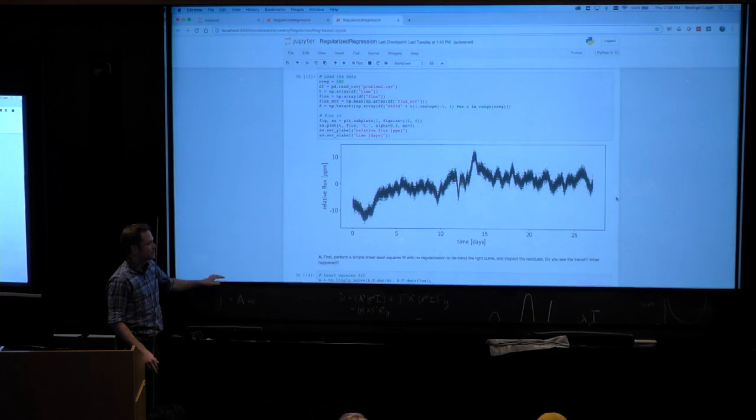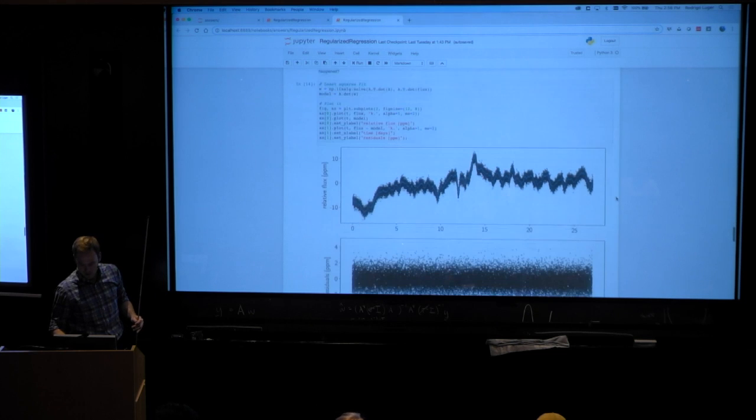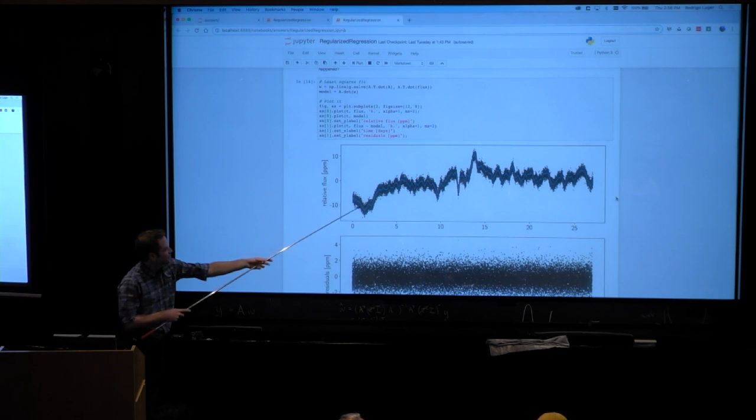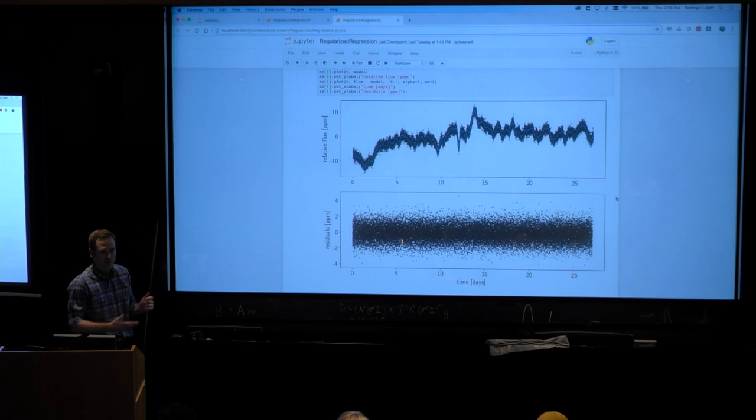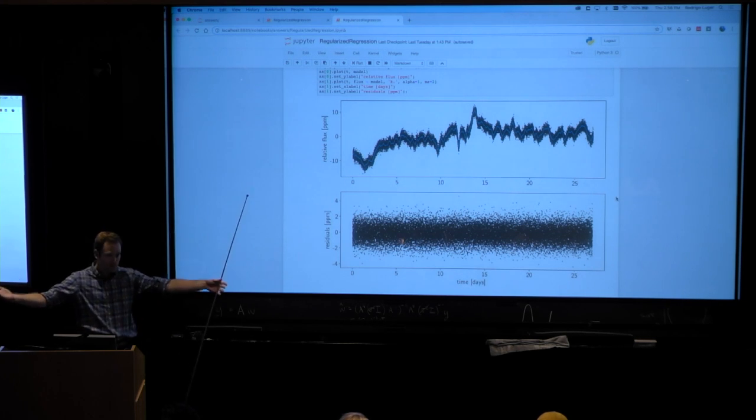And then if you look at the residuals, you get a model that goes through the data everywhere, and then your residuals look perfectly flat. That's what happens if you have no regularization, because you have all these regressors.